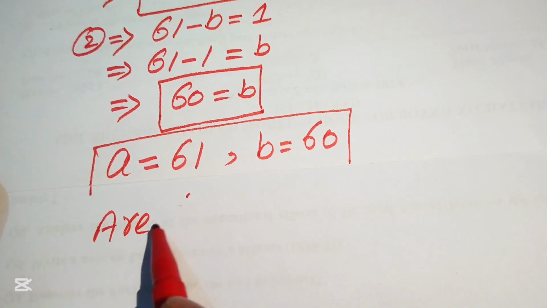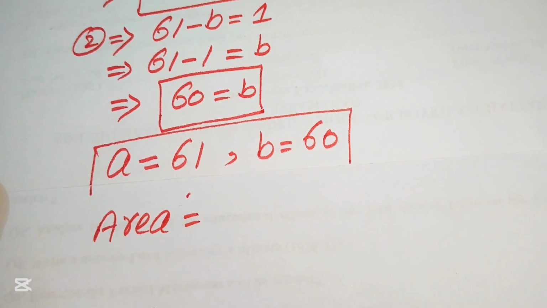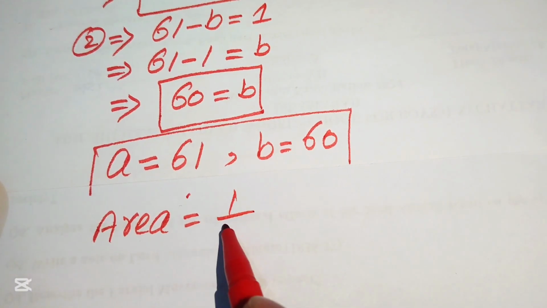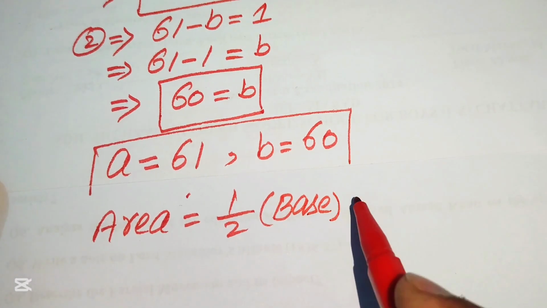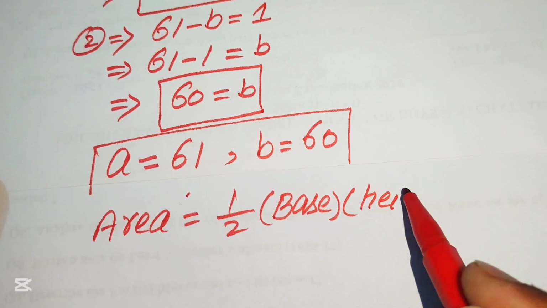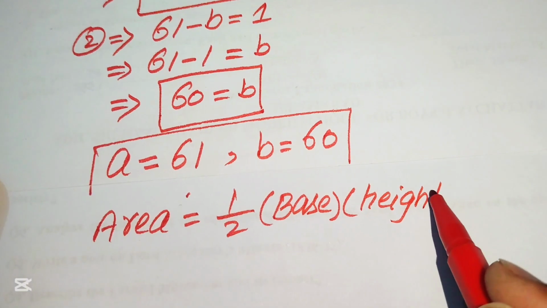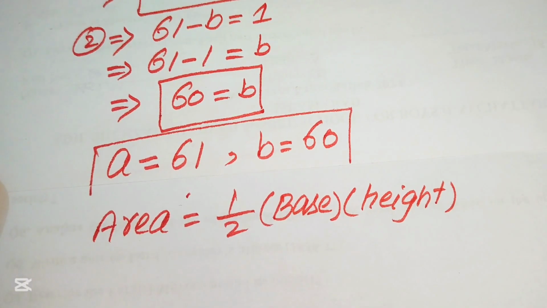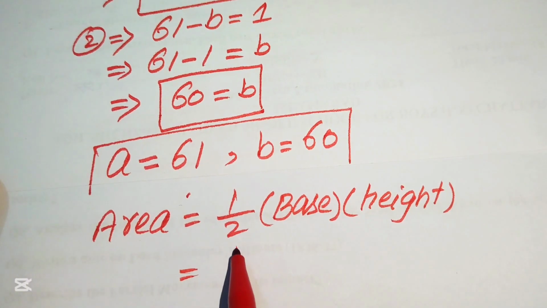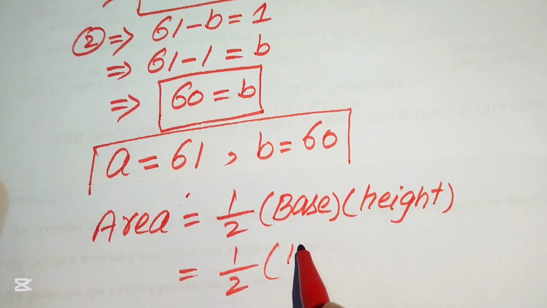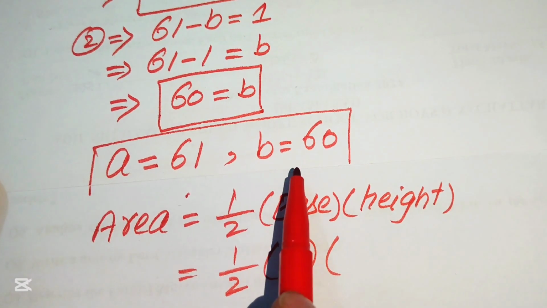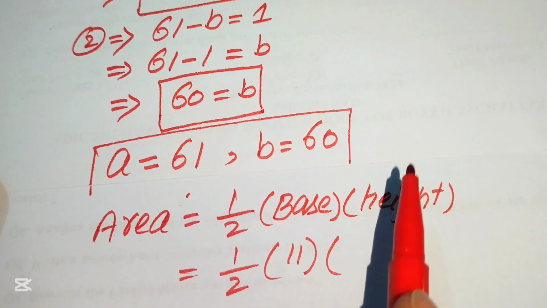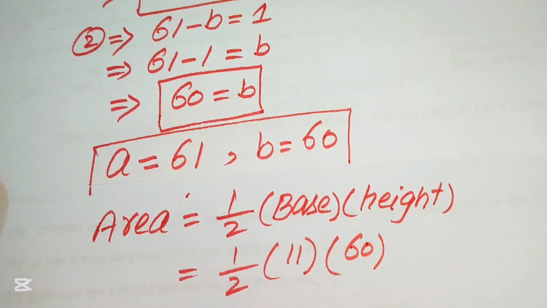We very well know the formula for the area of a triangle: half times base multiplied by height. In the given triangle our base is 11 and our height is the value of B, which is 60.